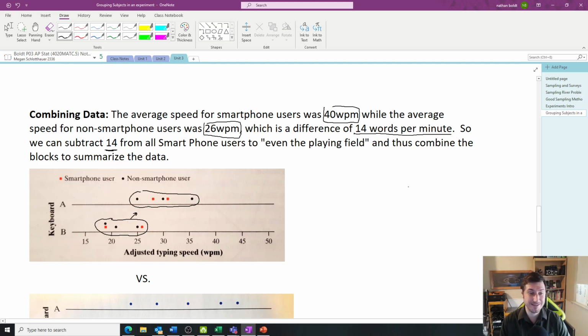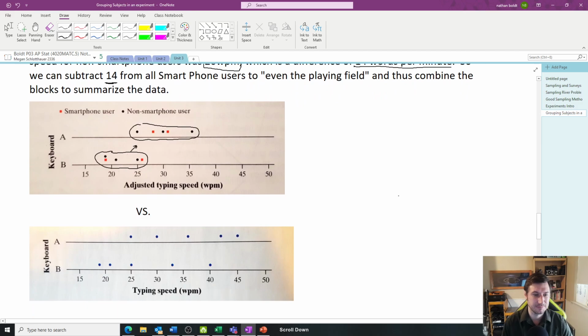Maybe the one they had is actually worse than what we usually had. But there is a marked difference there between A and B, even when you combine the data. And so if we compare that, here is our blocked data compared to just the simple random sample.